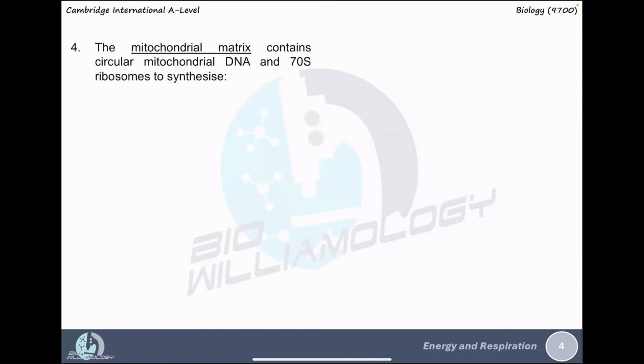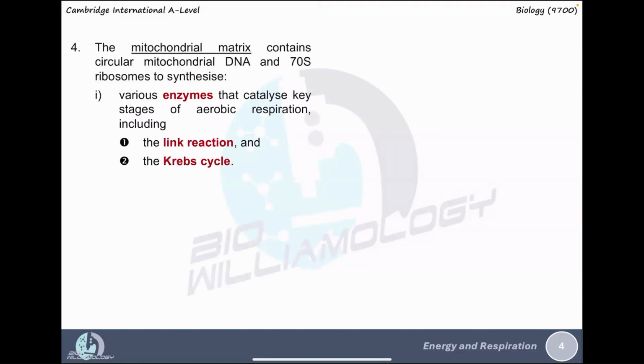The question here is why there are mitochondrial DNA as well as 70S ribosomes. The genes in this circular mitochondrial DNA are used to code for particular mitochondrial proteins, and 70S ribosomes synthesize those proteins.